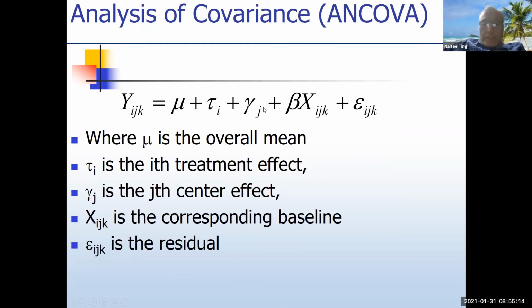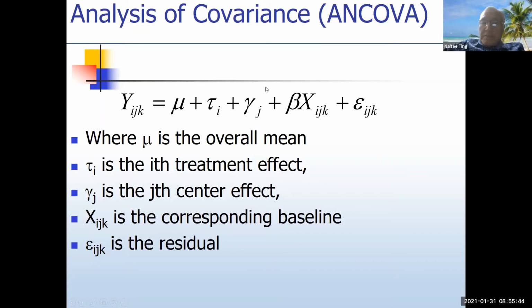Now, instead of looking at this as a center effect, we should consider it as a stratification factor. All right. So why is a stratification factor acceptable in a primary model? Because stratification is a design practice, all right?